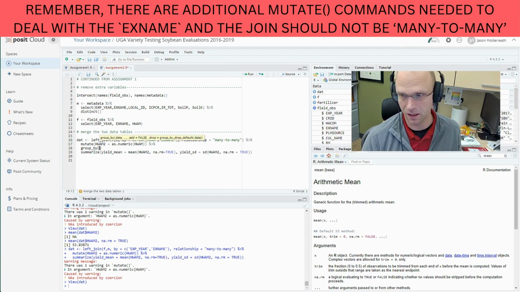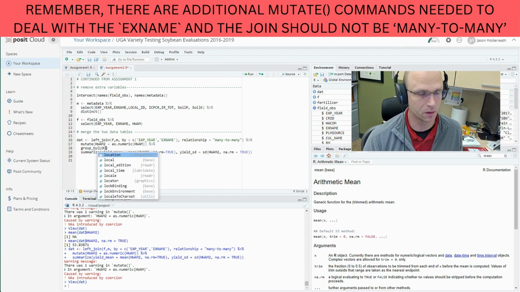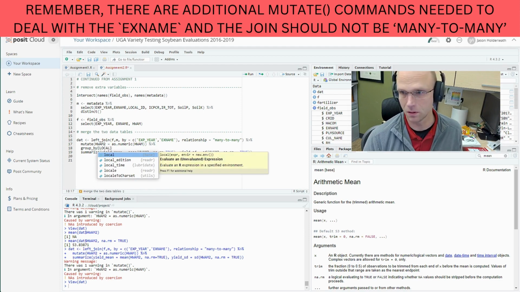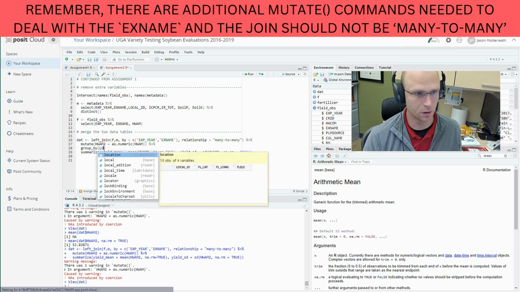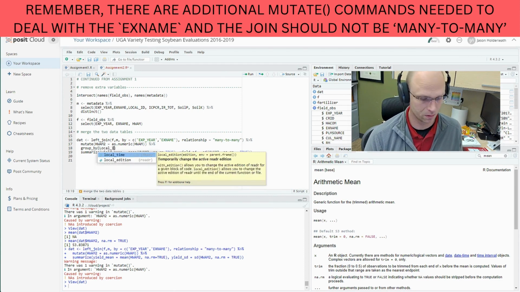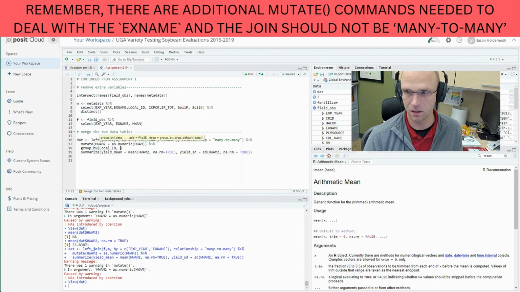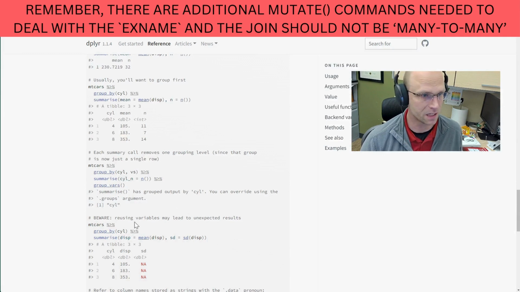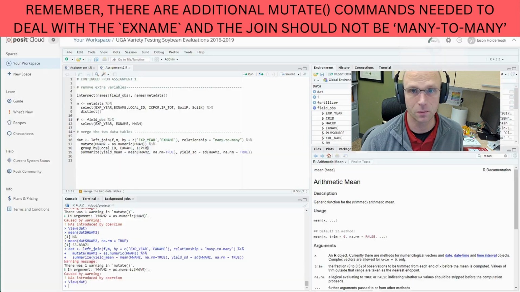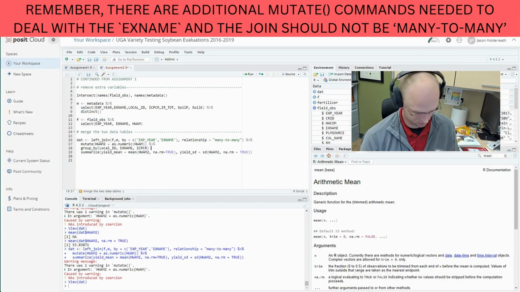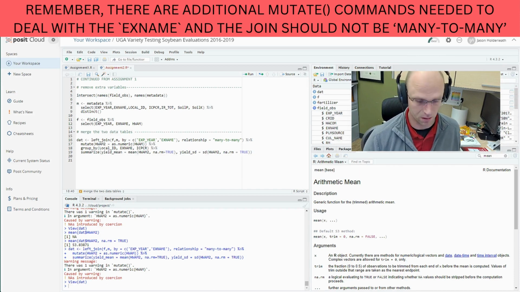Group by, and we'll do local ID, exp name, and ICPCR. Now let's look back at the help right quick. Did I need to put quotation marks? Group by does not say we do. Let's see if it works. Sometimes it does, sometimes it doesn't. All right.